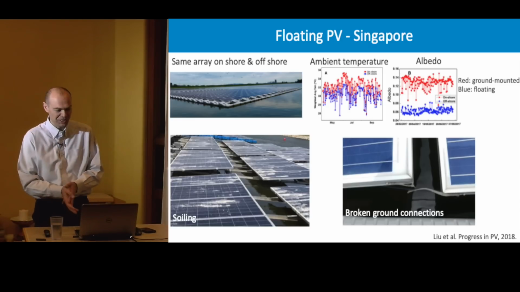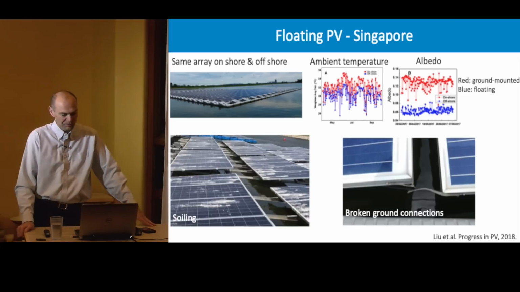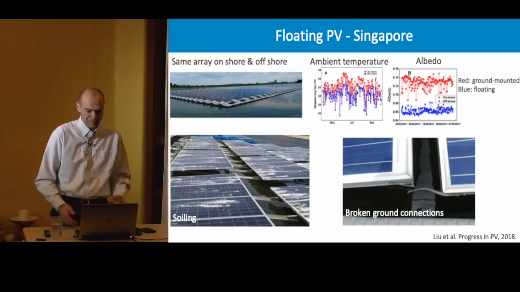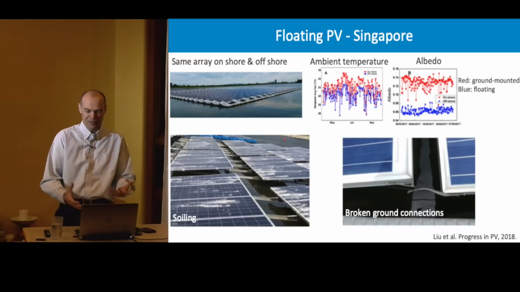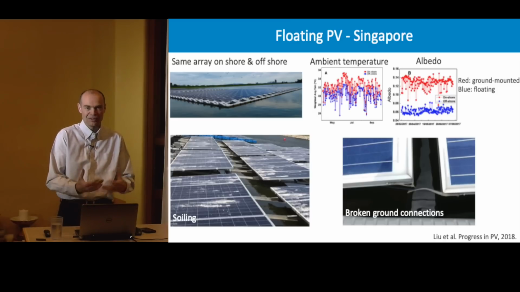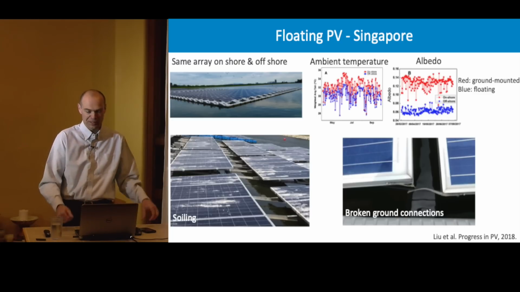And you can see this in the Singapore study here because you have a lot of bird droppings on there. They'll be coming to our reliability workshop next month, so that'll be interesting to talk to them. Another thing from a reliability standpoint that they saw was some broken ground connectors. Obviously, if you put it on water, it needs to be done well.